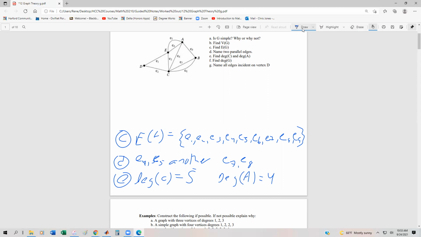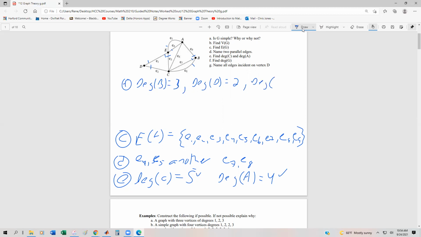So we already have degree A, we already have degree C. So we just need, for letter F here, the degree of B, and the degree of B is going to be 3. All right, and you can see 1, 2, 3. We need the degree of D, and that's going to be 2 edges, and then the degree of E is 1, 2, 3, 4.